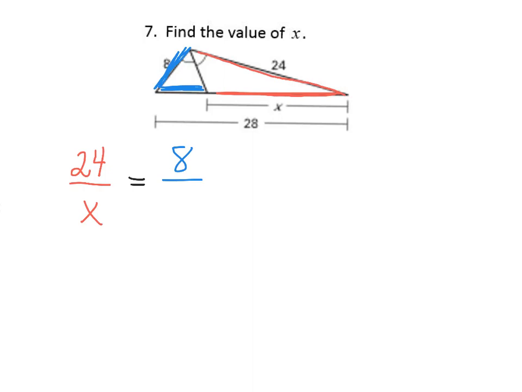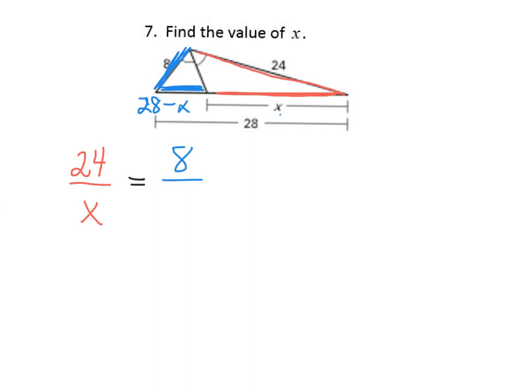Now, the thing is, they don't label that side. I know the whole thing is 28, and I know that this piece is x. All right, so for example, let's say x was 10. Well, I would know right away that this side is 18. Well, the problem is I don't know what x is, so instead of labeling that as 18, what I'm going to label it as is just 28 minus x.